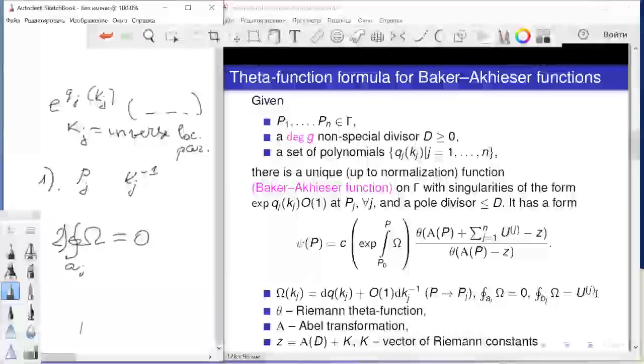First of all, why is this expression well defined? Again, I will not check it now for two reasons. The first reason is that Piotr Georgievich checked it last semester in a slightly different situation.